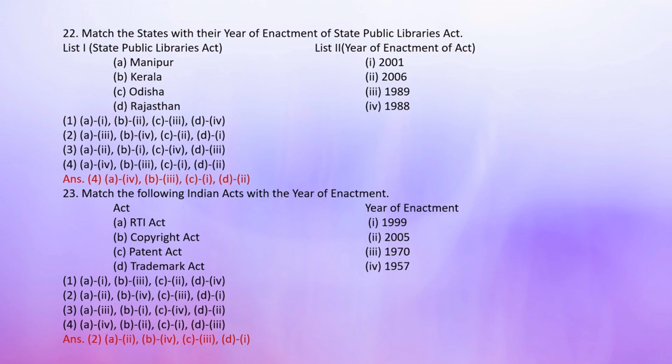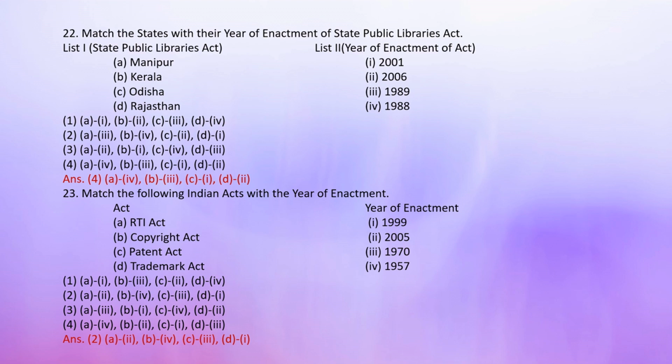Number 22. Match the states with their year of enactment of State Public Libraries Act. List 1 State Public Libraries Act and List 2 year of enactment. From List 1 A. Manipur, List 2 2001, List 1 Kerala, List 2 2006, List 1 Odisha, List 2 1989, List 1 Rajasthan, List 2 1988, and correct answer is 4.